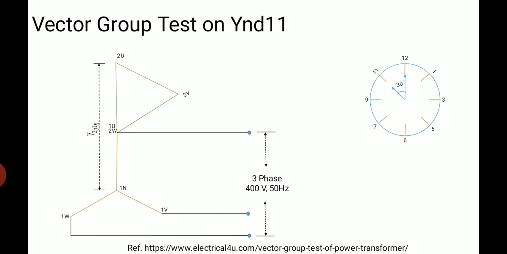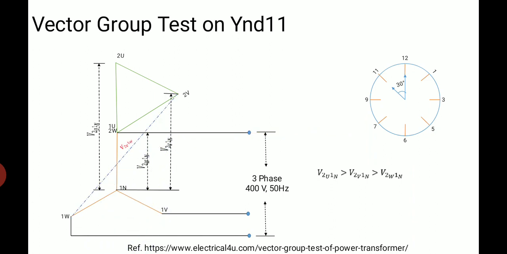It will give the phase voltage which is greater than the voltage across 2V terminal of secondary and 1N terminal of primary, which is further greater than the voltage across 2W terminal of secondary and 1N terminal of primary. So that is one relationship which you can obtain.